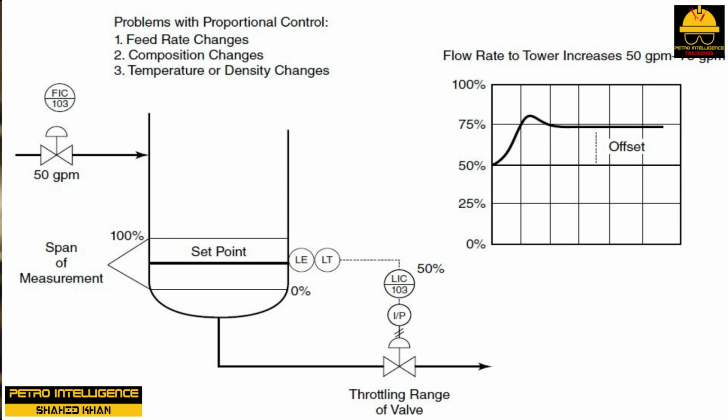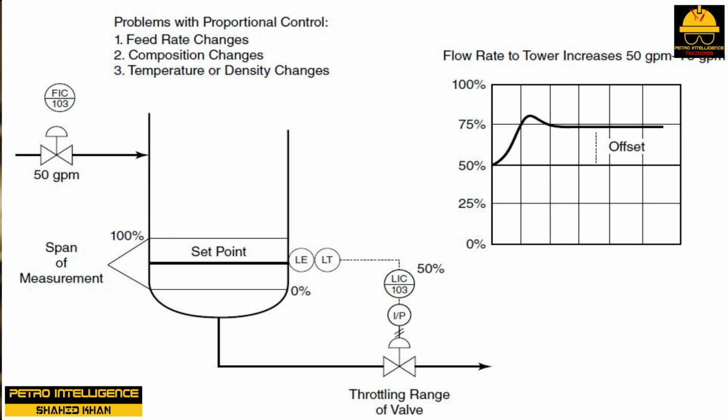Controllers can be operated in manual, automatic, or cascaded or remote control. During plant startup, the controller is typically placed in the manual position until the process has lined out. In manual control, the controller sends an output to the final control element, as set by the operator.